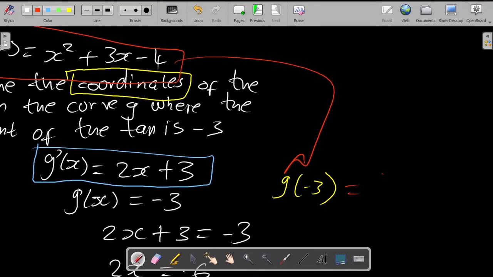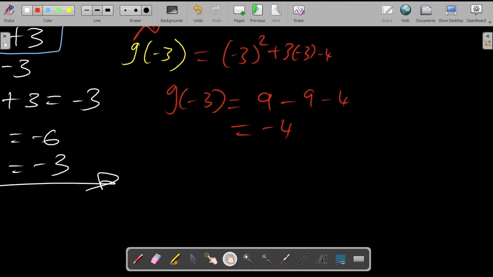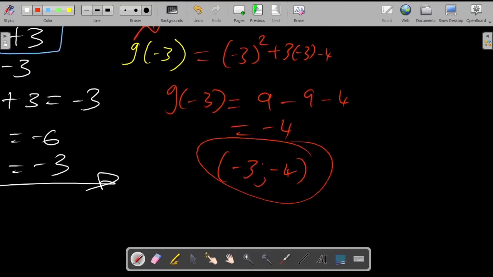So g of -3 equals (-3) squared plus 3 times (-3) minus 4. So that is what we have over there. And g of -3 should be equal to 9 minus 4... only the effect of this is left because these two cancel out. So you have -4. So that would be your y coordinate. And now our coordinates are basically (-3, -4). This is our answer.